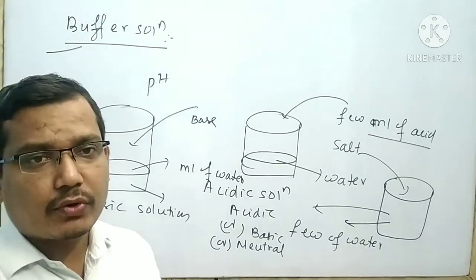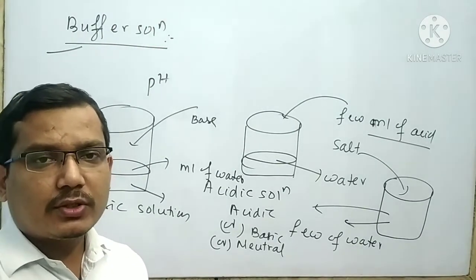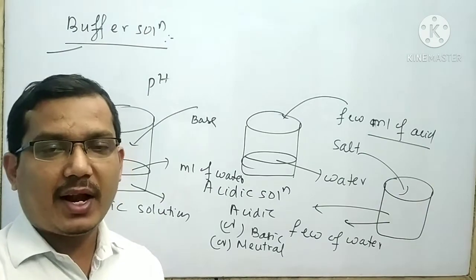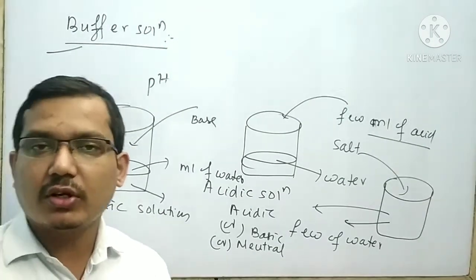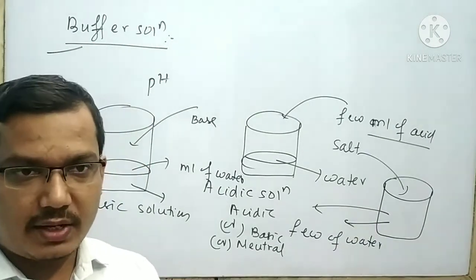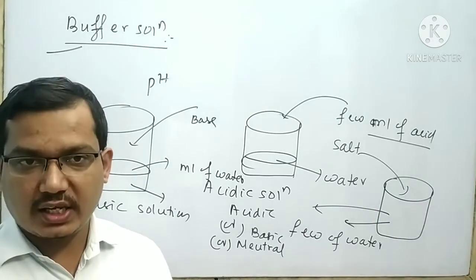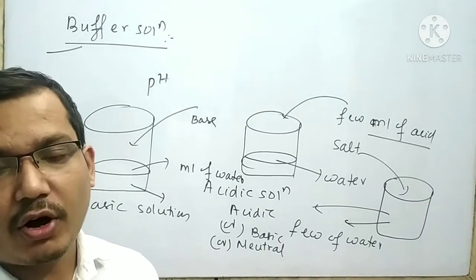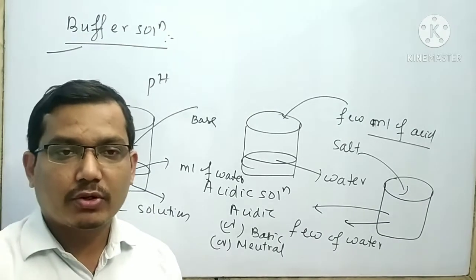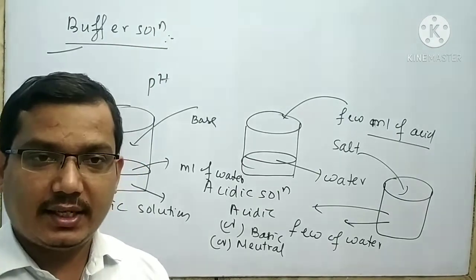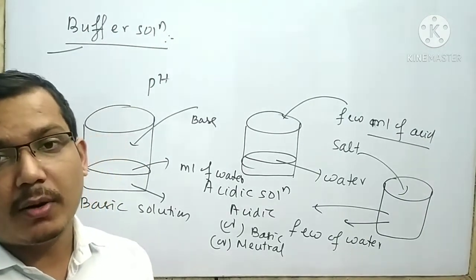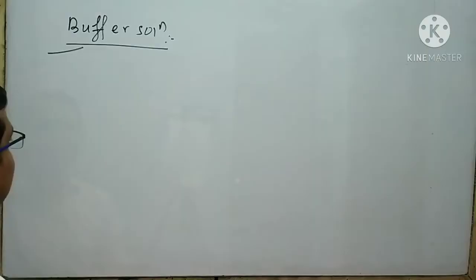So we conclude that a buffer solution may be defined as a solution whose pH value does not change appreciably upon the addition of a small amount of acid, base and water from outside.